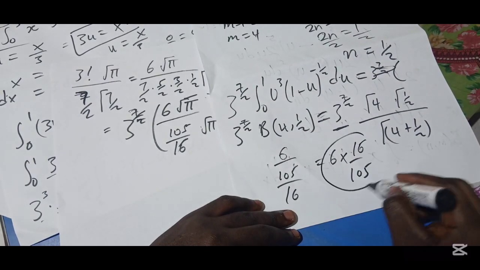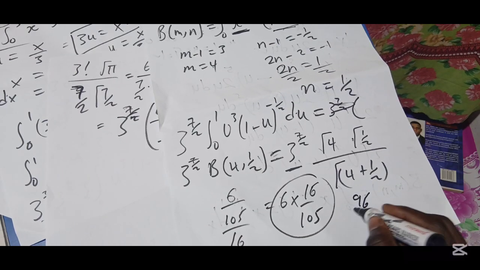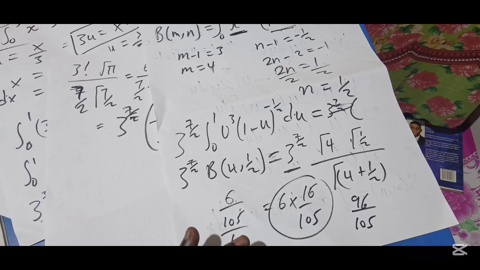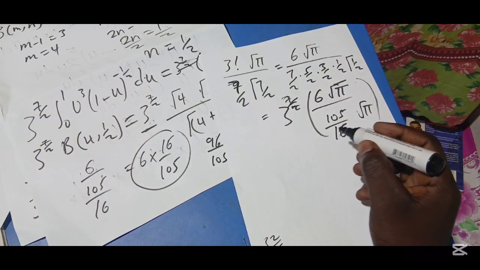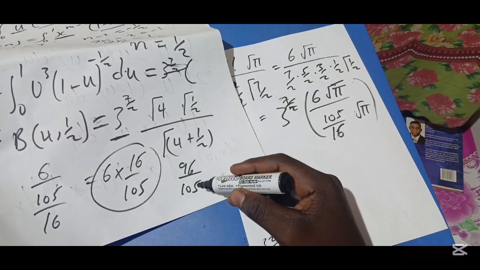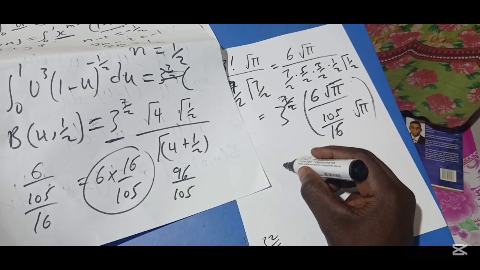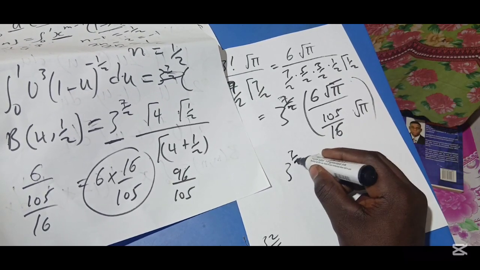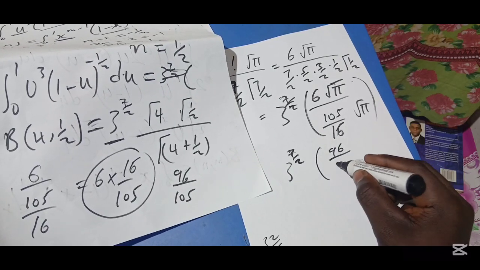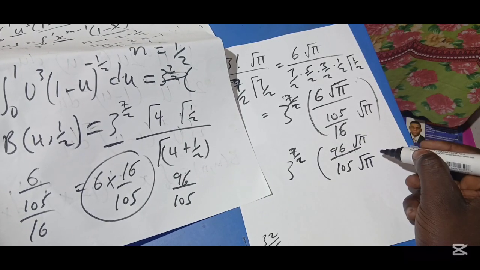Simplifying this will give me 96 on 105. So I can write the whole of this term as 3 to the power 7 on 2 multiplying 96 over 105 square root of pi over square root of pi.